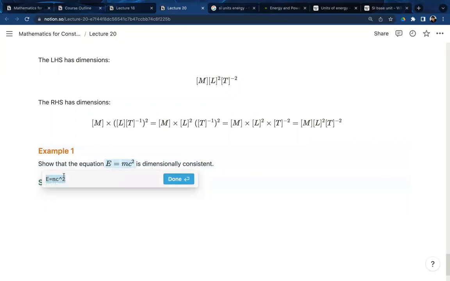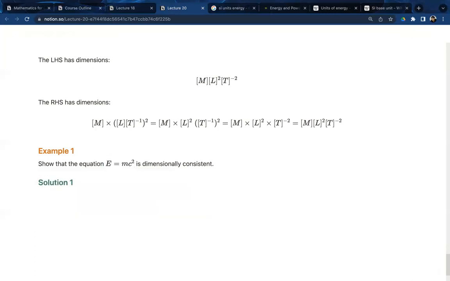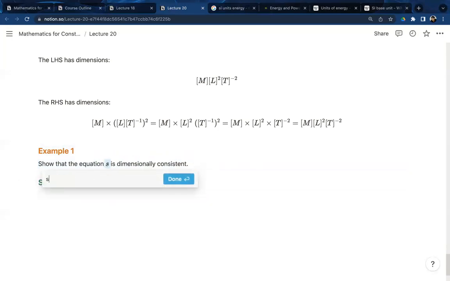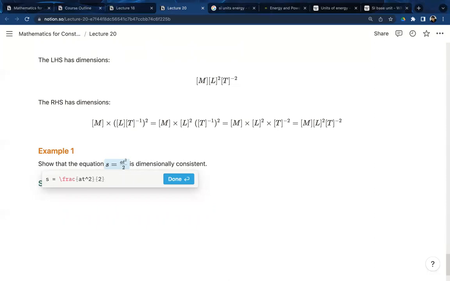So I could give you a new equation. I could say S equals a half A T squared. Show that this equation is dimensionally consistent.